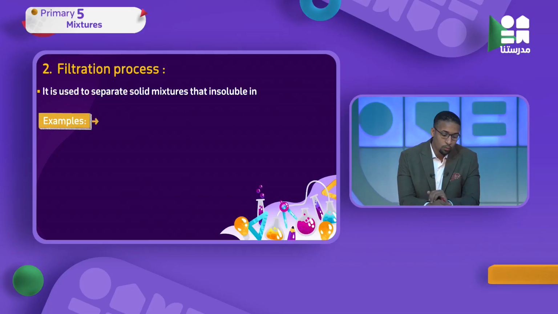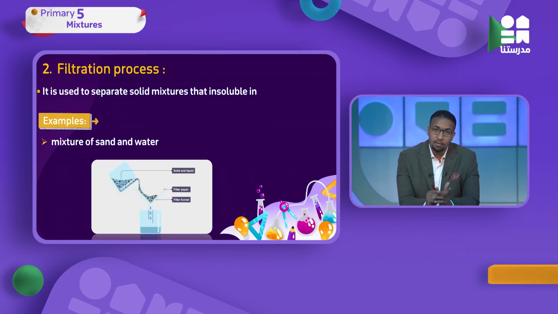It can be dissolved in water, so it is soluble, or it cannot be dissolved in water, so it is insoluble. So filtration is used to separate solid mixtures that are insoluble in water. Example like what? Like sand and water. Sand does not dissolve in water, so it is insoluble in water, and it is a solid-liquid mixture, if you remember.